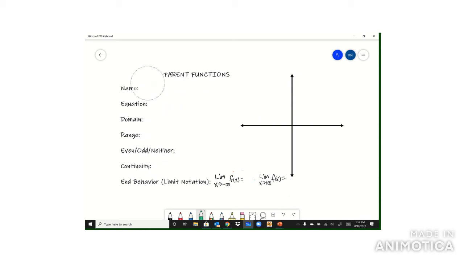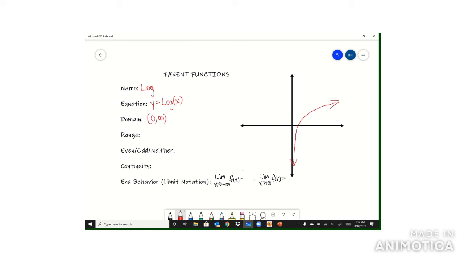Okay, the next one we're going to cover is logarithmic. You can just call it log, like y equals log of x. Logarithmic equations look something like this. So the domain, the furthest left you can go is to 0, and you can't actually hit it.